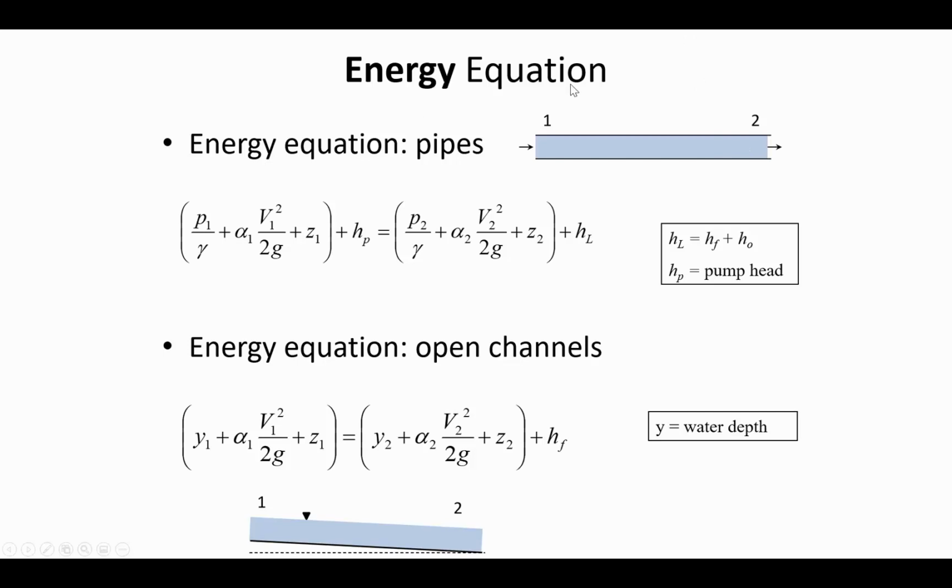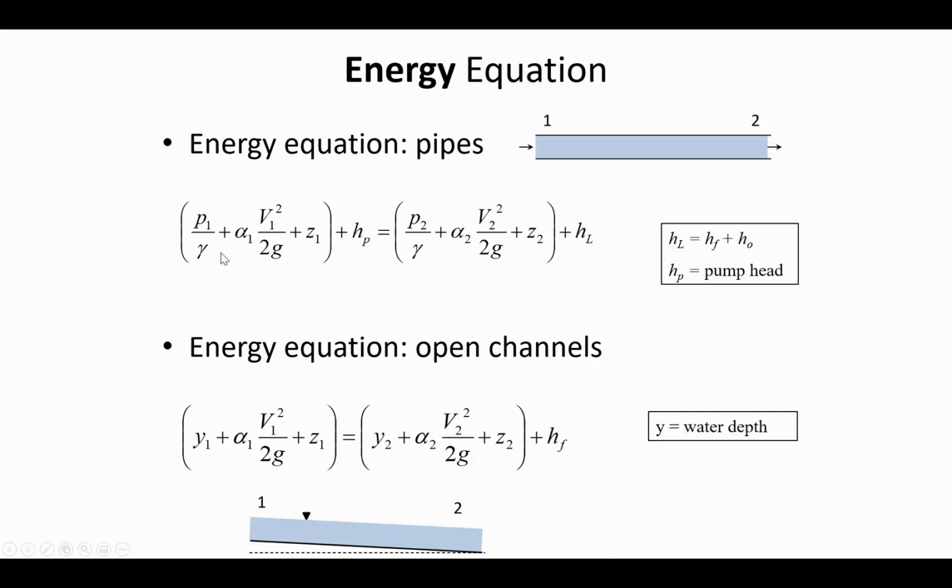So the pipe was enclosed. The open channel is open to the atmosphere. And you can see that I've just suggested that this open channel is inclined, and that's why the water's flowing from 1 to 2. The water flowed from 1 to 2 in a closed conduit because of a pressure difference. In open channels, it flows from 1 to 2 because of an elevation difference.